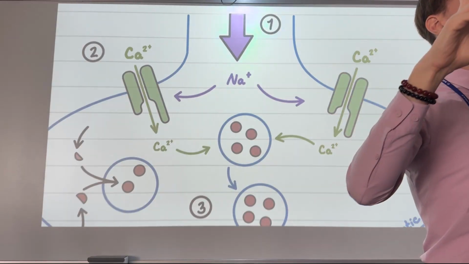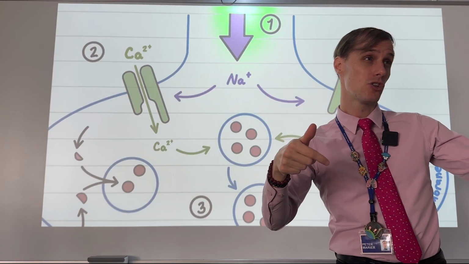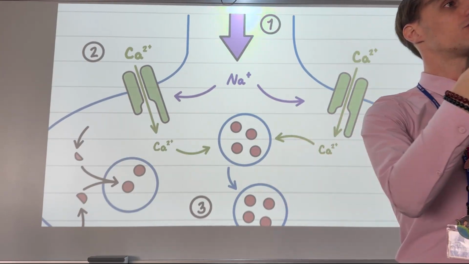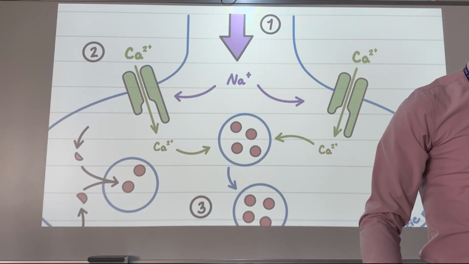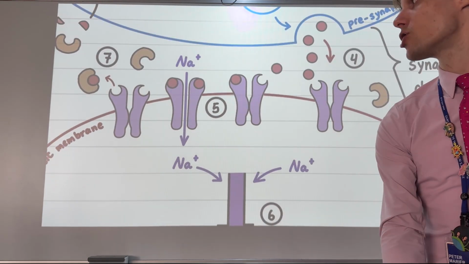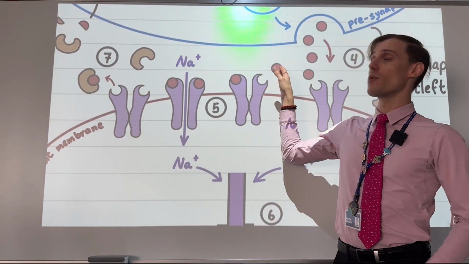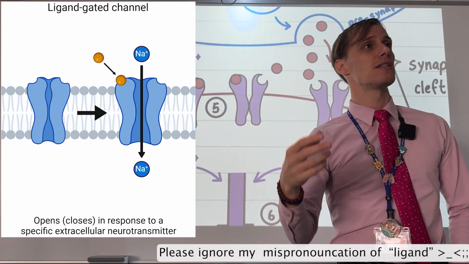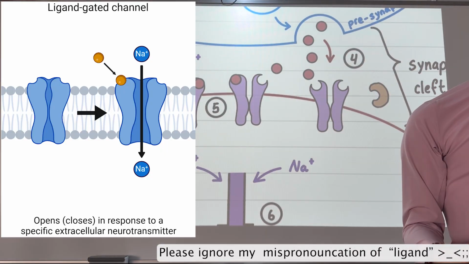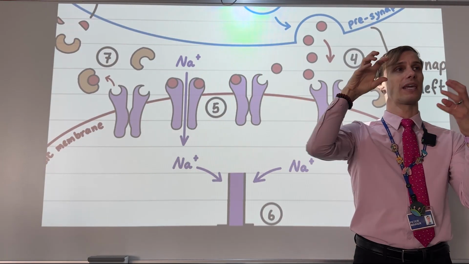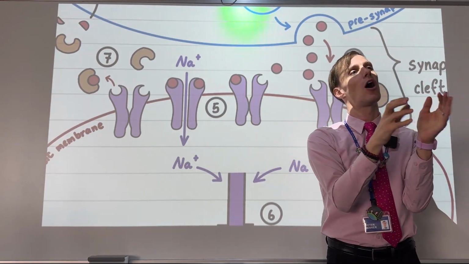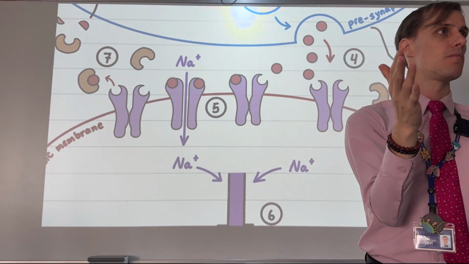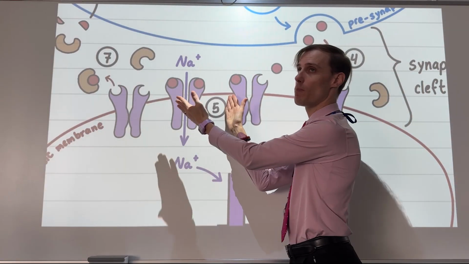That means that when there's a change in membrane voltage, that caused the channel to either open or close, right? In this case, there was no change in voltage here, but there was a chemical bound to it. We can call that a ligand. So we can actually say that this is a ligand-gated channel, because a specific chemical, once bound to it, caused the channel to now be open.